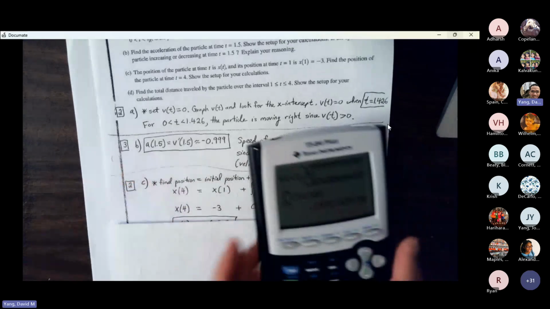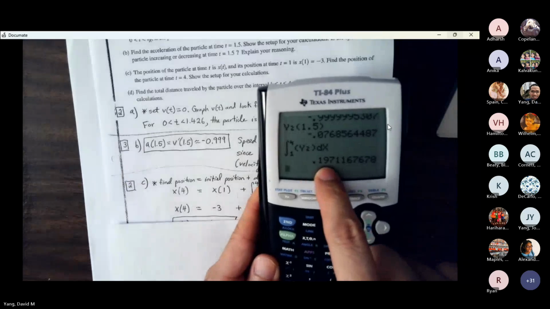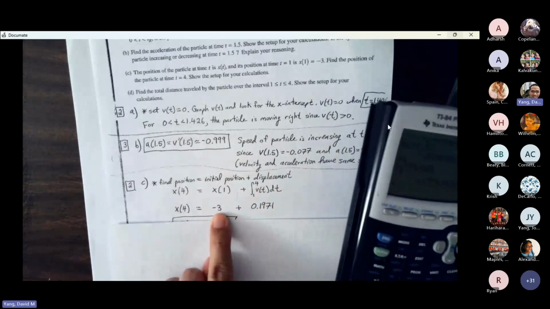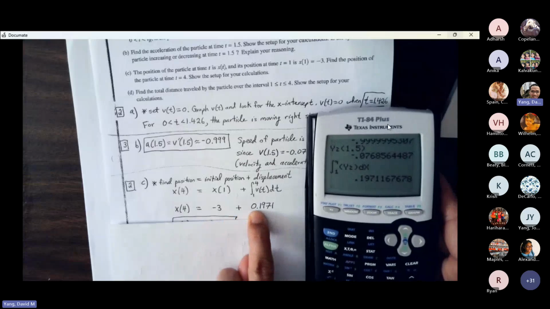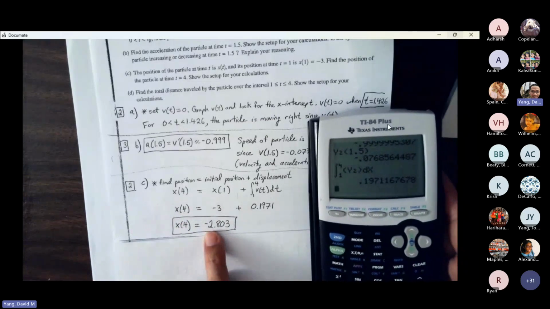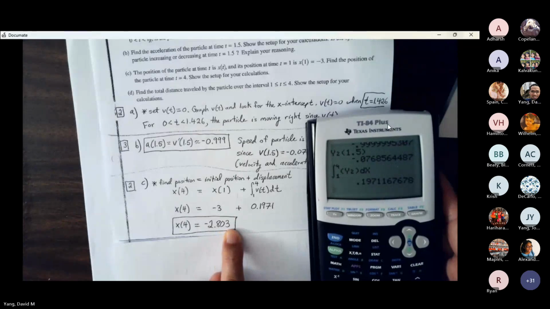I got 0.1971. So we know the particle is starting at negative 3, and it's going to move to the right 0.1971. So it's going to end up on the x-axis at negative 2.803.